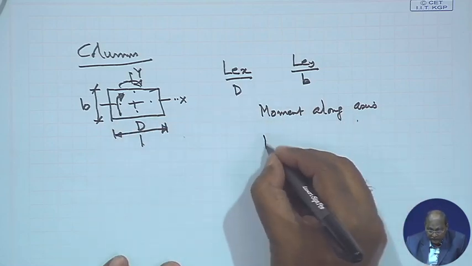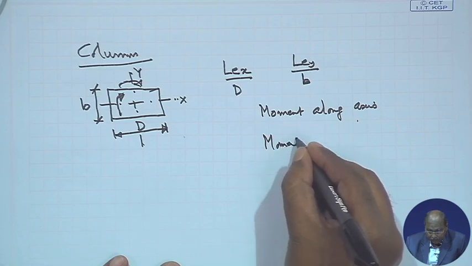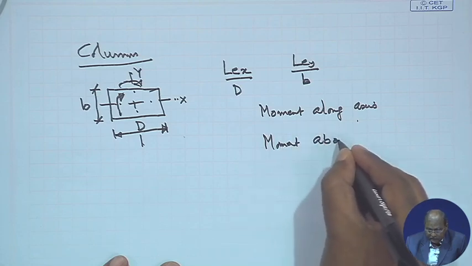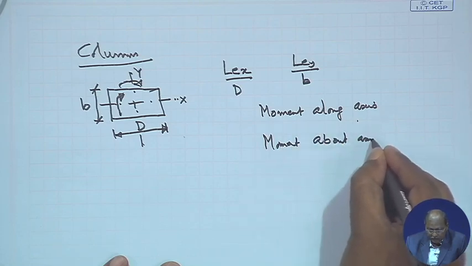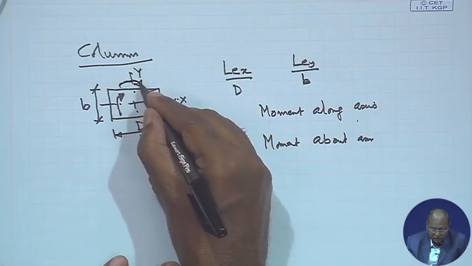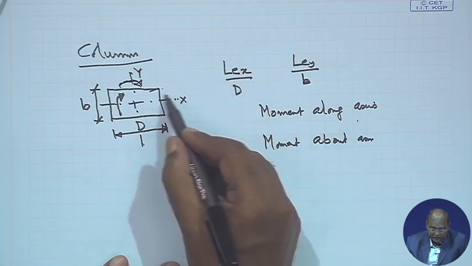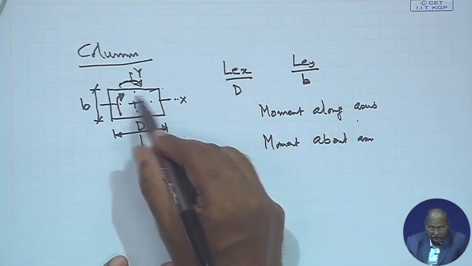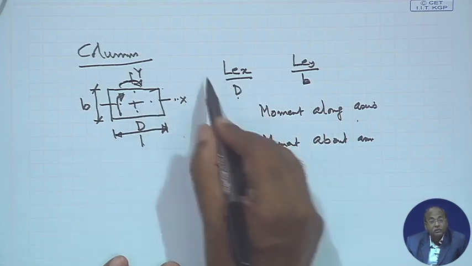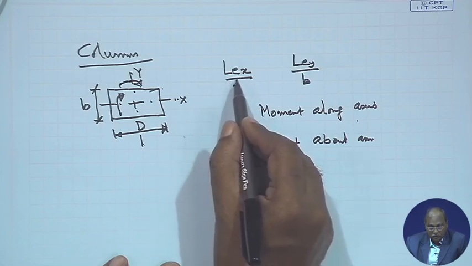The other one is moment about an axis. That means the same moment, if you say Lex by D, that means you are considering along this one.